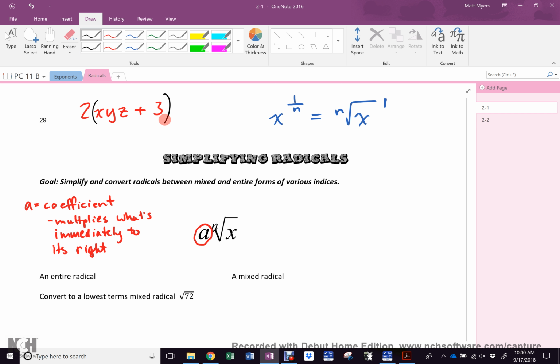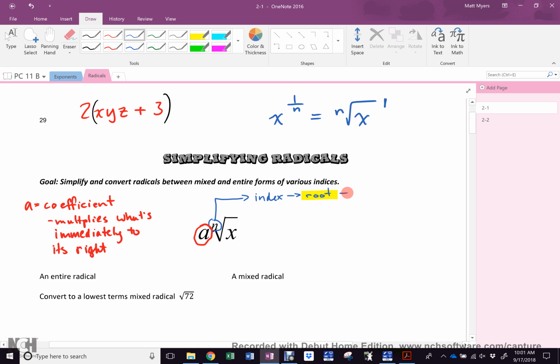Now, the other two things here also have names. This little number is called the index. If you were in grade 10, you should know that already. We use slang for it. We say it is the root. That's not really what it is. The index is its proper name.